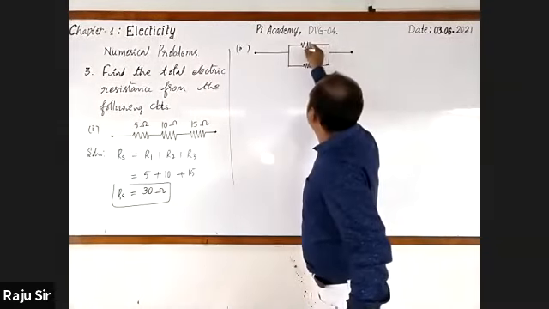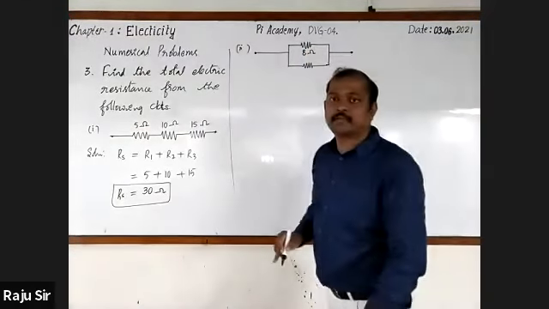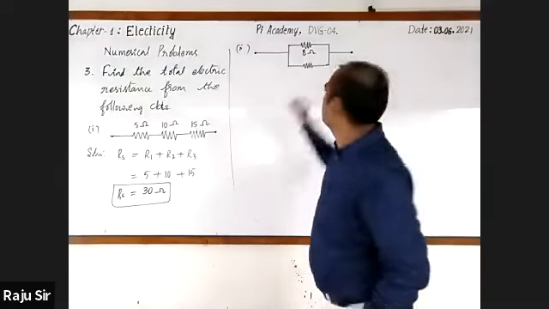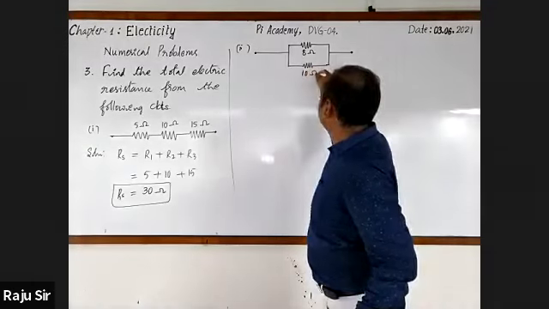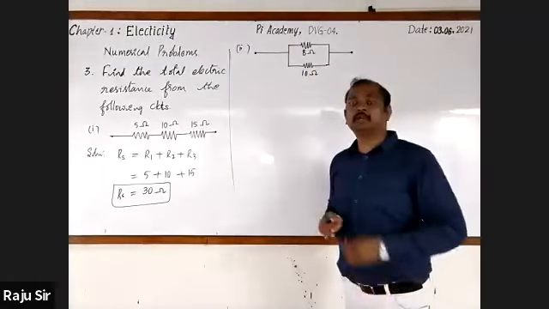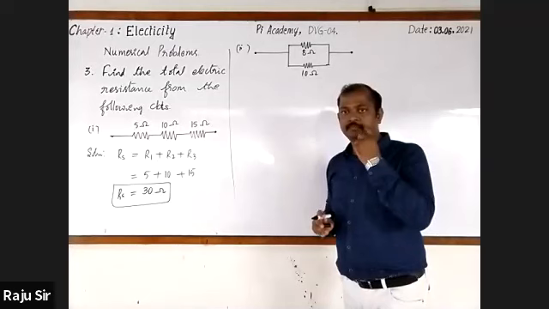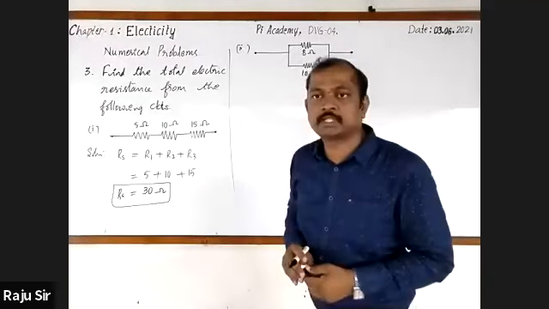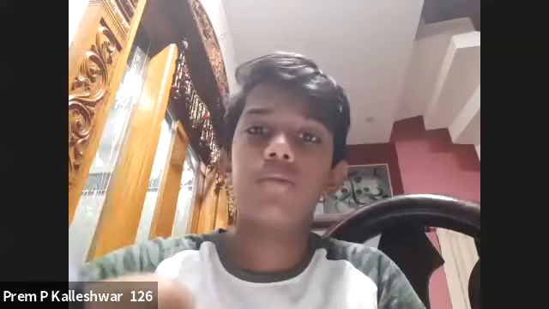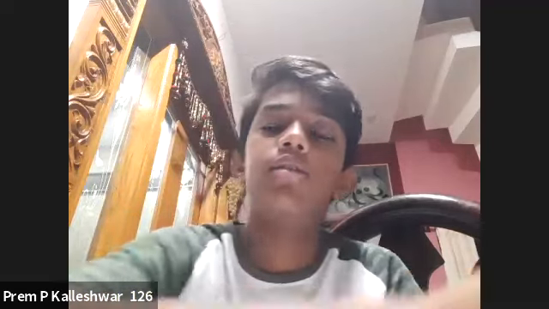The resistance of the first resistor is 8 ohm, the second one is 10 ohm. We have to find the effective resistance. Could you tell how the resistors are connected? Parallel. It is parallel.